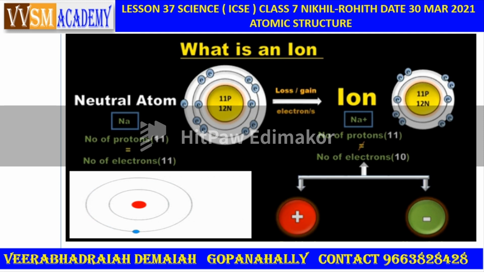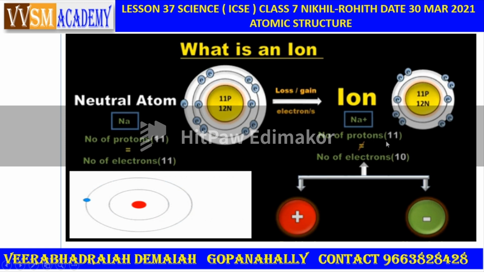The electronic configuration of sodium, atomic number 11, is 1s2, 2s2, 2p6, 3s1. The outermost orbital consists of only one electron, hence the sodium atom transfers one electron. It loses its own electron, then it becomes the sodium plus ion.